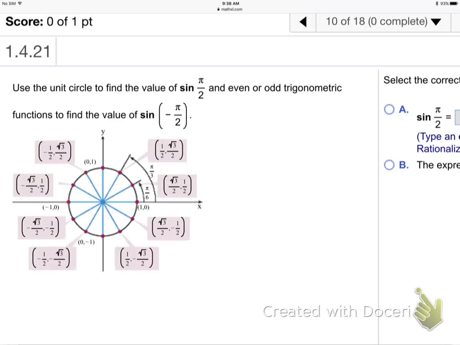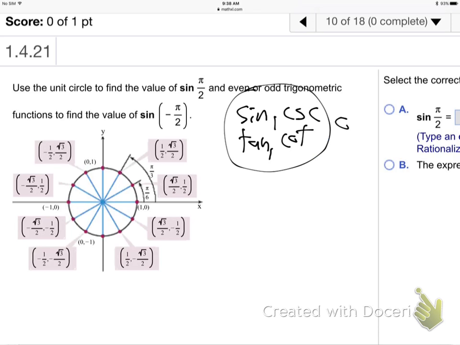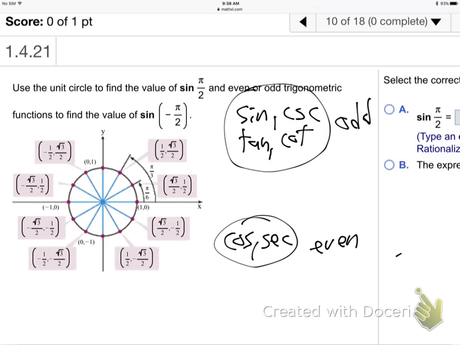All right, so here's the story. Sine and his upside down cosecant, they always go together with their reciprocal function, and tangent and his upside down cotangent are odd functions. And cosine and his upside down secant are even functions. Now, what do we mean by odd and even?